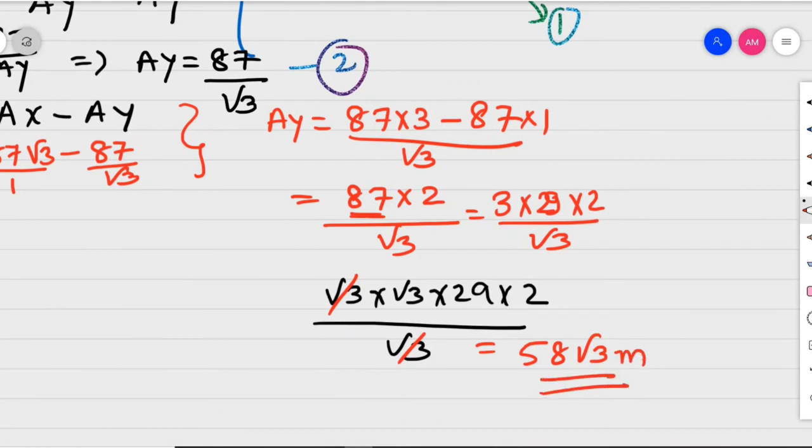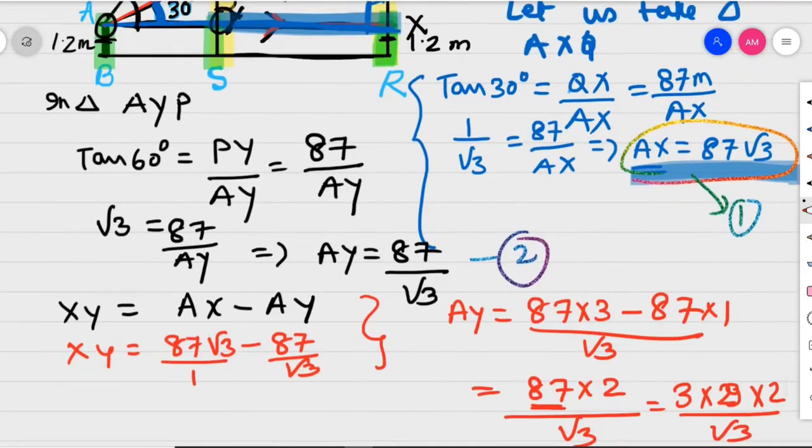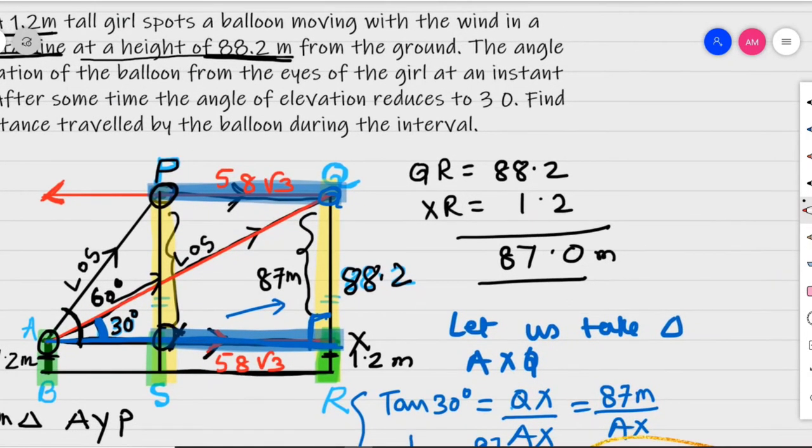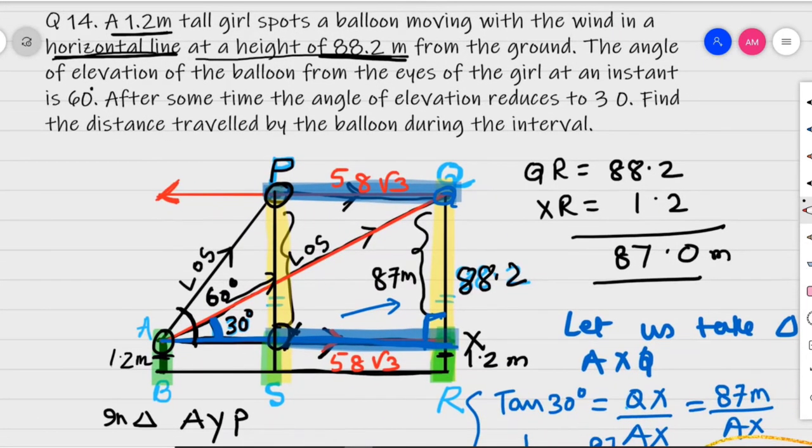So children, what has been asked here? Find the distance traveled by the balloon during the interval. It is equal to 58 root 3, or PQ is equal to 58 root 3.